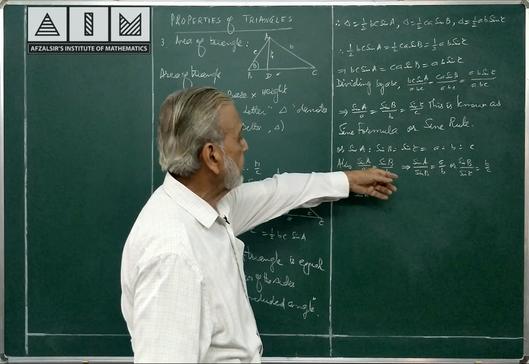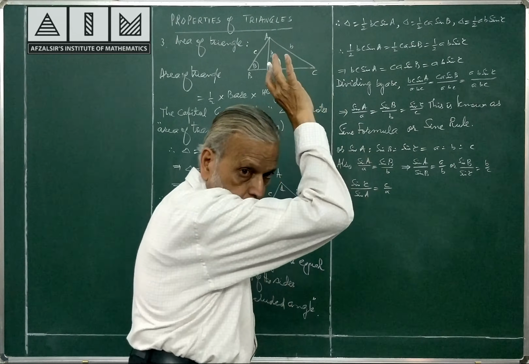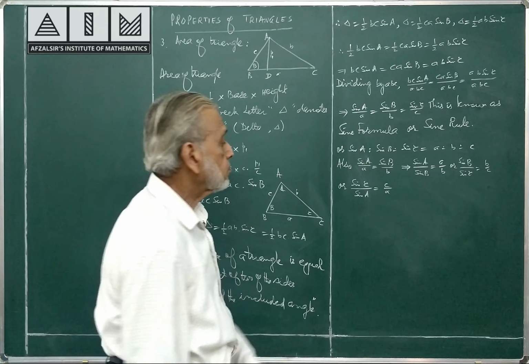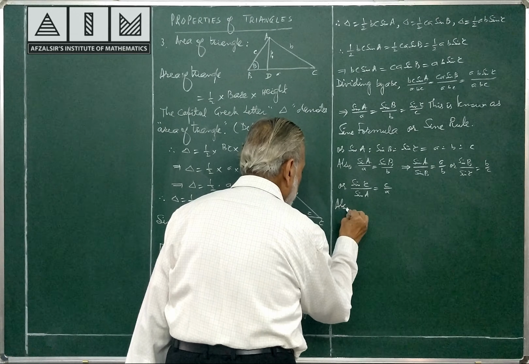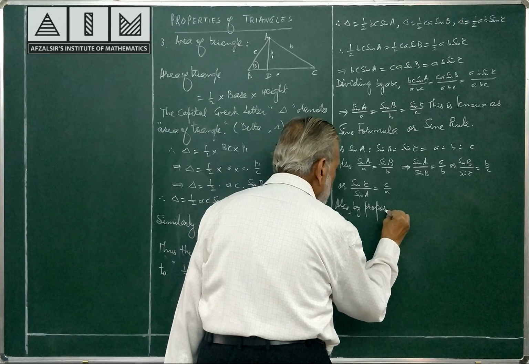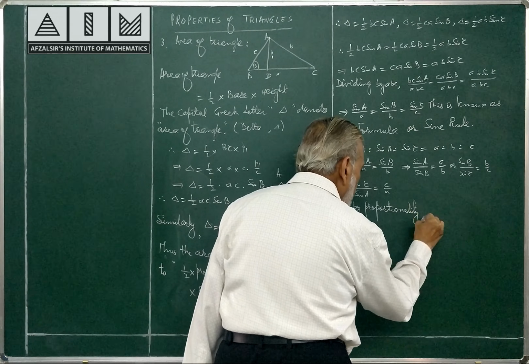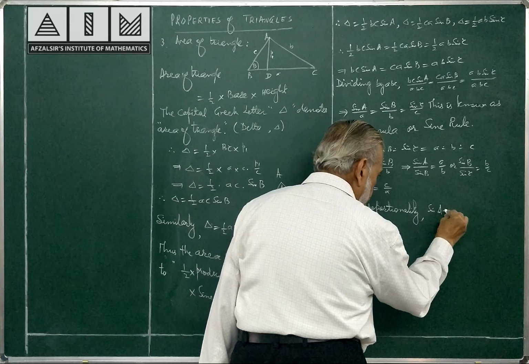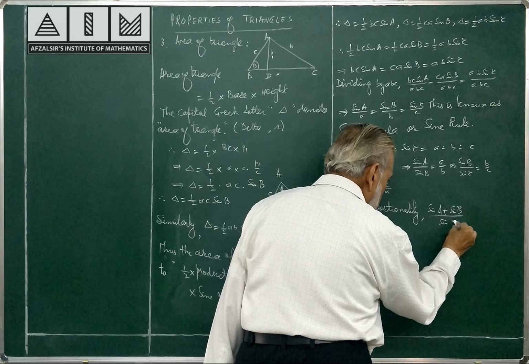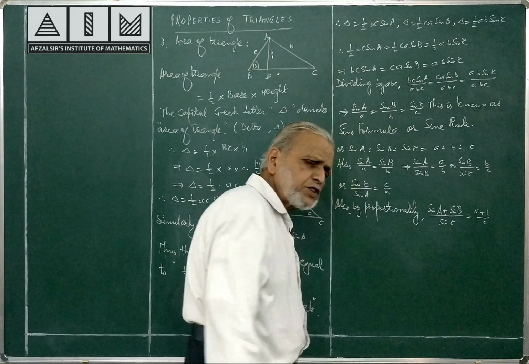So, sin A by sin B is equal to A by B. Wherever in the questions A by B comes, I will write sin A by sin B. Or in any question, if you get sin C by sin A, I will write C by A. Also, by proportionality, if I get somewhere sin A plus sin B by sin C I will write A plus B by C. This is by proportionality.